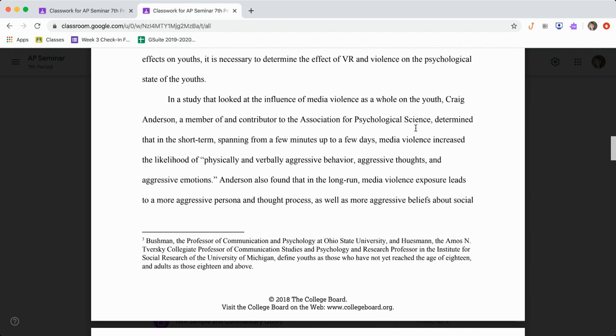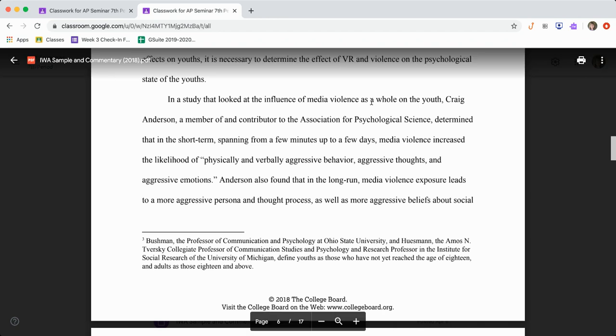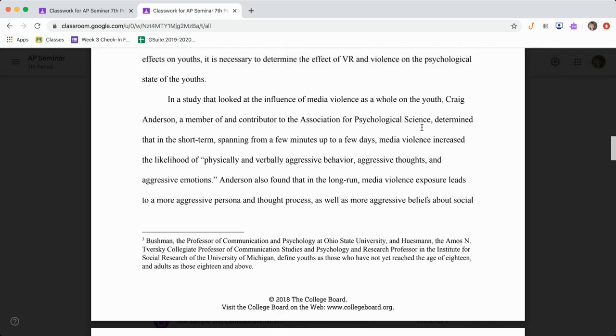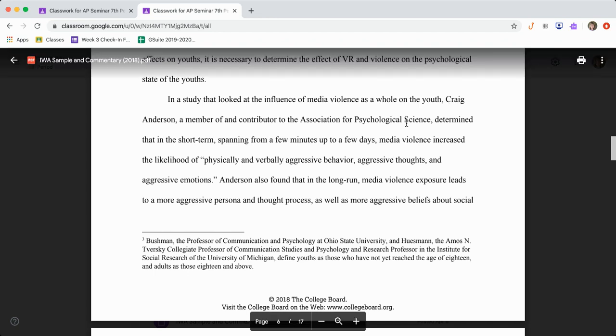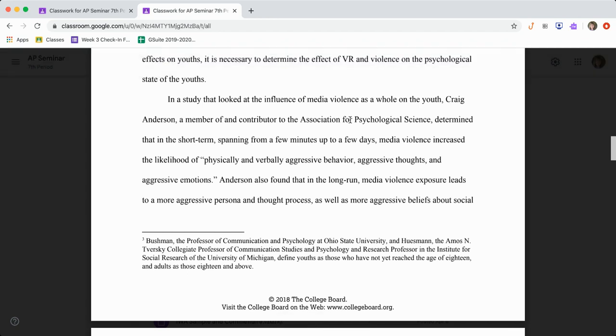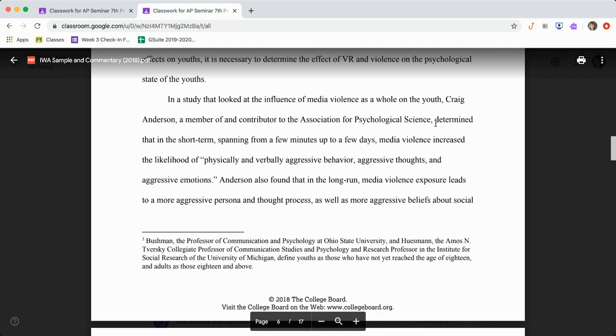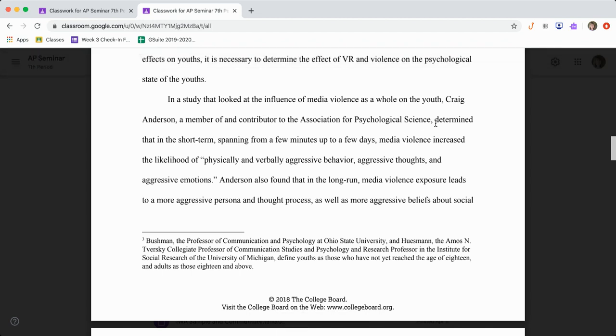This is just a reminder that you can use that sort of a positive phrase inside of those commas after the name of an author or researcher in order to expand on their credibility. And that also touches on relevance because we're talking about the psychological effects of media violence, and this is a member of the Association for Psychological Science.